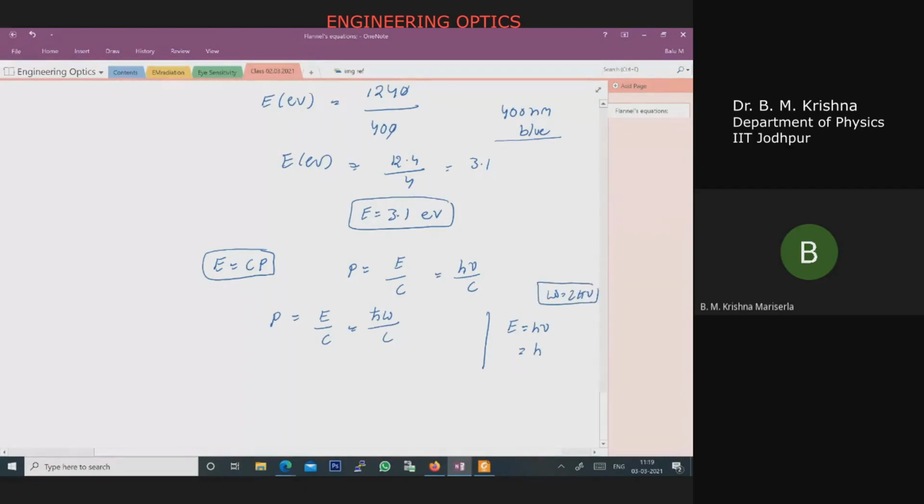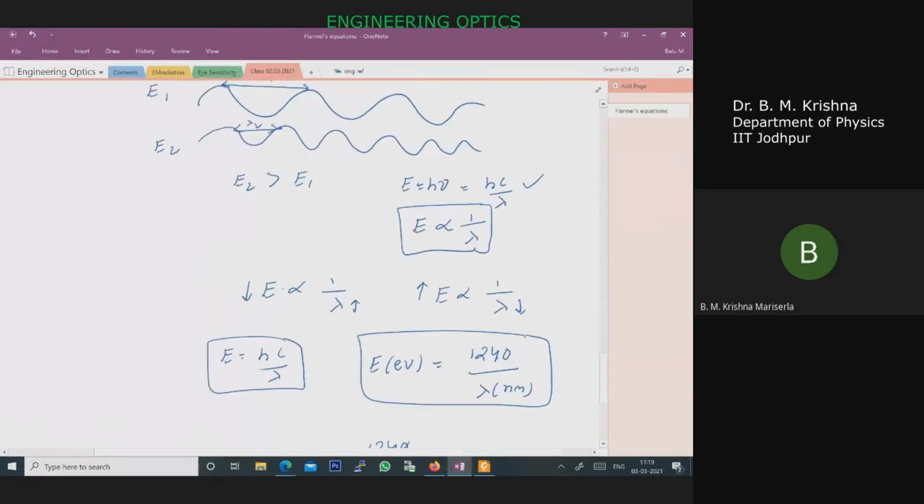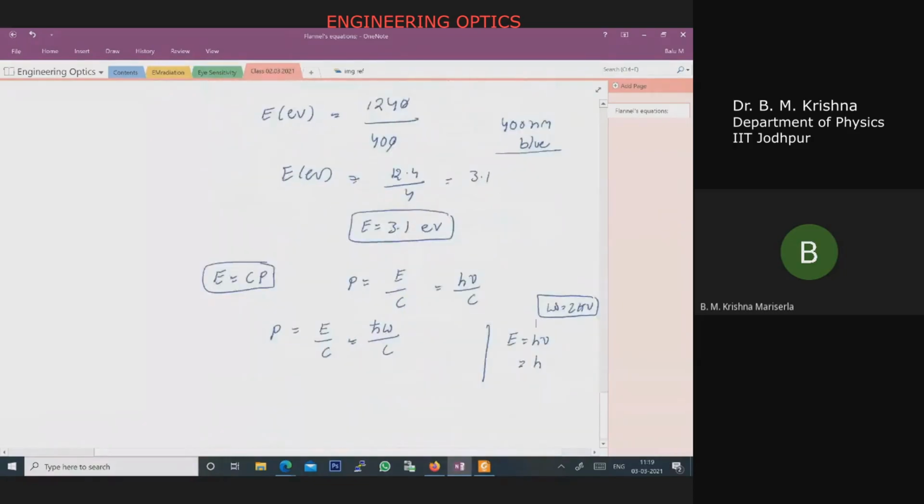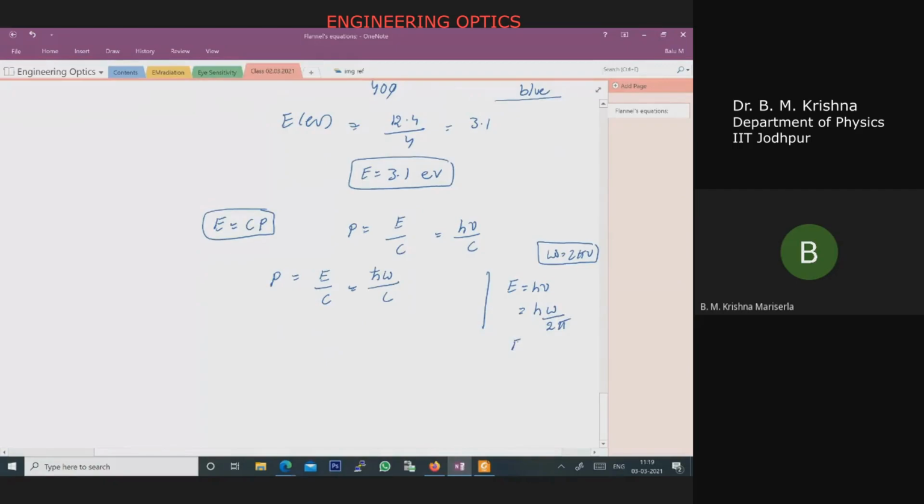So if you write it in terms of omega, nu equals omega by 2 pi, and your energy equals h by 2 pi times omega.